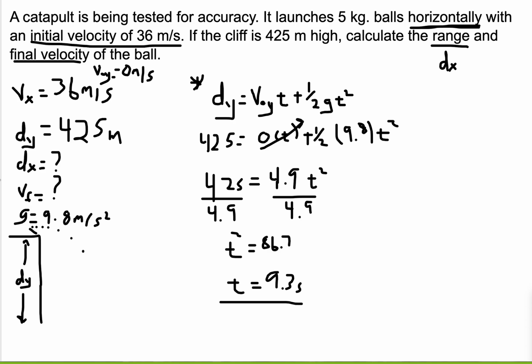If it said vertically, then what? If you launch a ball vertically, the starting speed would not be 0 in the y direction, and that's what we're going to talk about next week. If I were to throw you a ball, normally I don't throw it horizontally, I throw it up in the air, at an angle. If I throw a ball at an angle, the starting speed in the y direction is not 0, I gave it some speed.